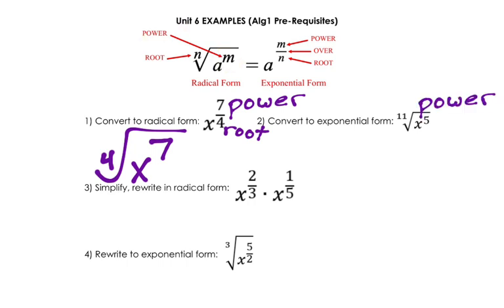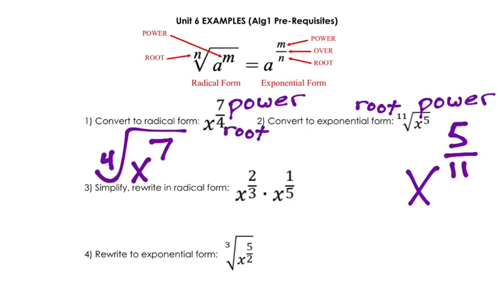So we have 5 being the power, 11 being the root, so x to the power of, and think about this for a moment, what's going to go in the numerator? Which number? Is it 5 or 11? And that would be the number 5 because 5 is again the power, and that means 11 would go in the denominator.